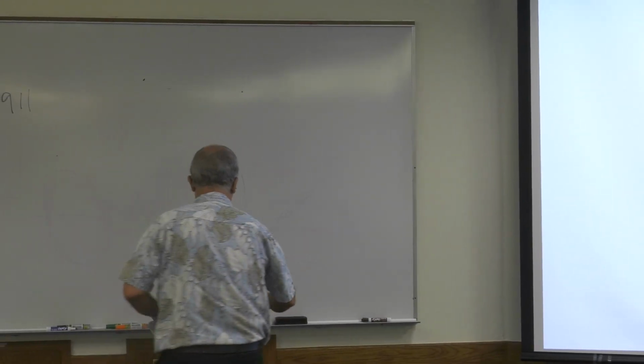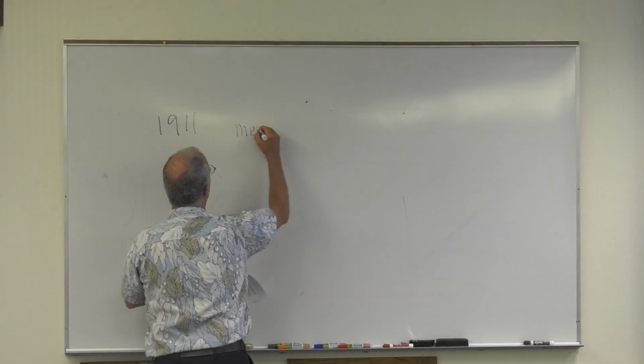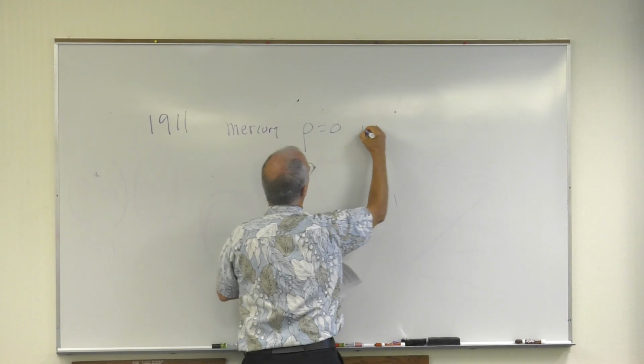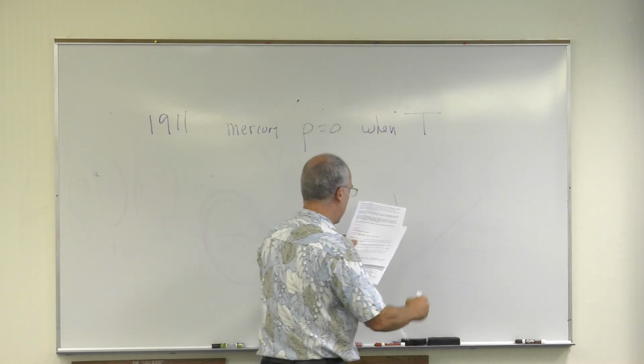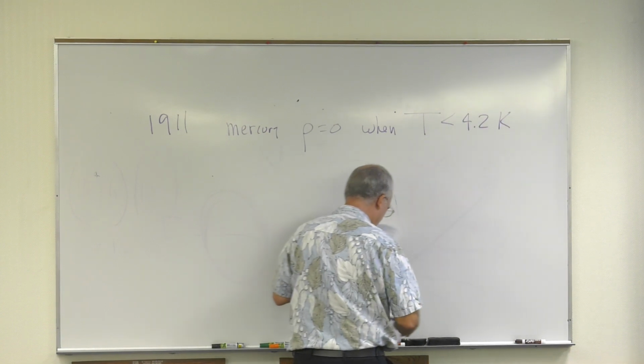But there's a problem. He discovered that for mercury, the resistivity is 0 when the temperature is less than 4.2 Kelvin.